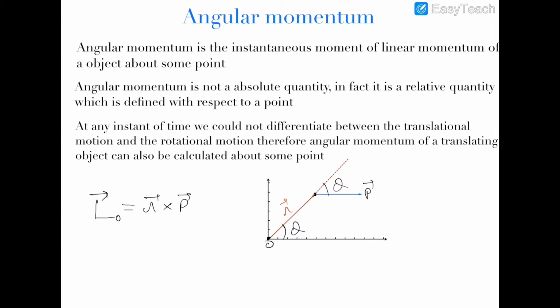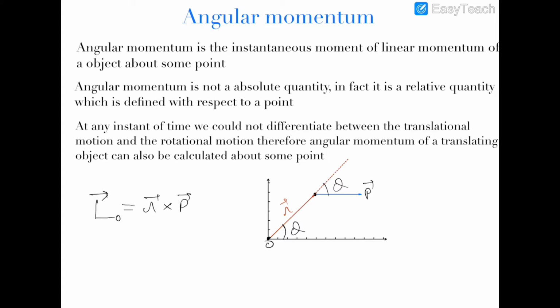So angular momentum is not defined for rotating objects only; it can be defined for translating objects also. Angular momentum is the instantaneous moment of linear momentum of an object about some point.